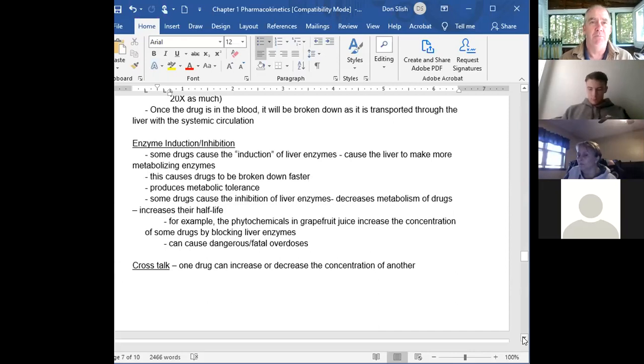Phenobarbital is a barbiturate. It causes depression, not emotional depression, physical depression, slows you down, tires you out, just like Valium. But phenobarbital induces your liver enzymes. So you'll get this metabolic tolerance where the more phenobarbital you take, the less effective it is, because the enzymes come up and it gets broken down faster.